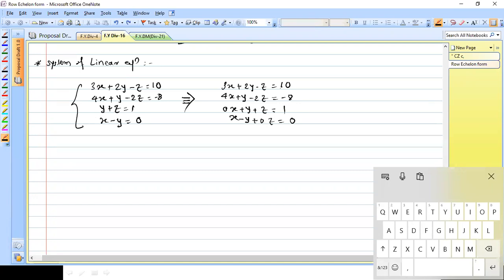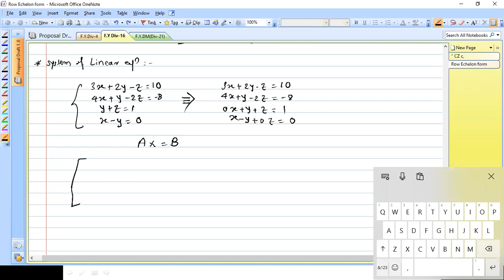Now I am going to convert that system into matrix form, called AX is equal to B. Here A is the coefficient matrix, X is the variable matrix, and B is the constant matrix. I'm going to write all the coefficients here. How many equations do we have? 1, 2, 3, 4. So our matrix should be of the form 4 by 3.